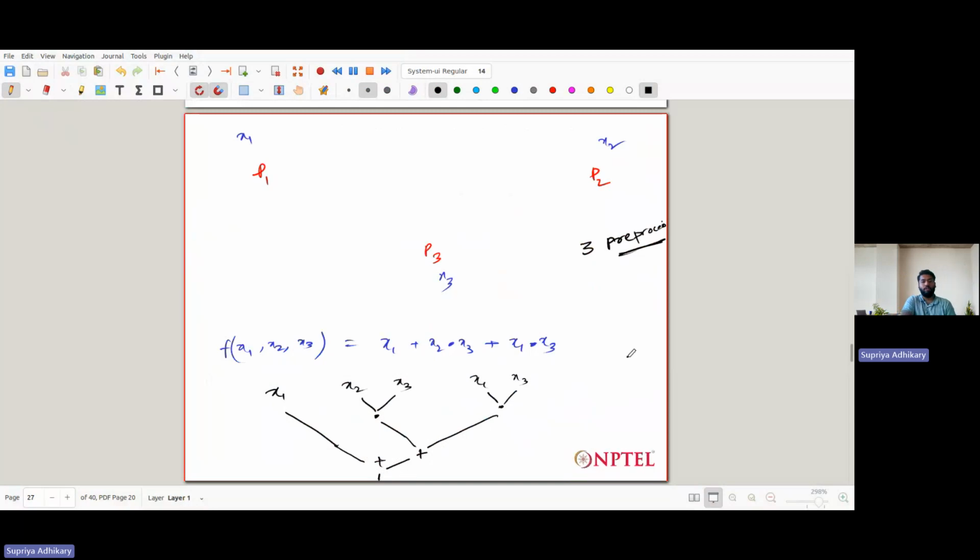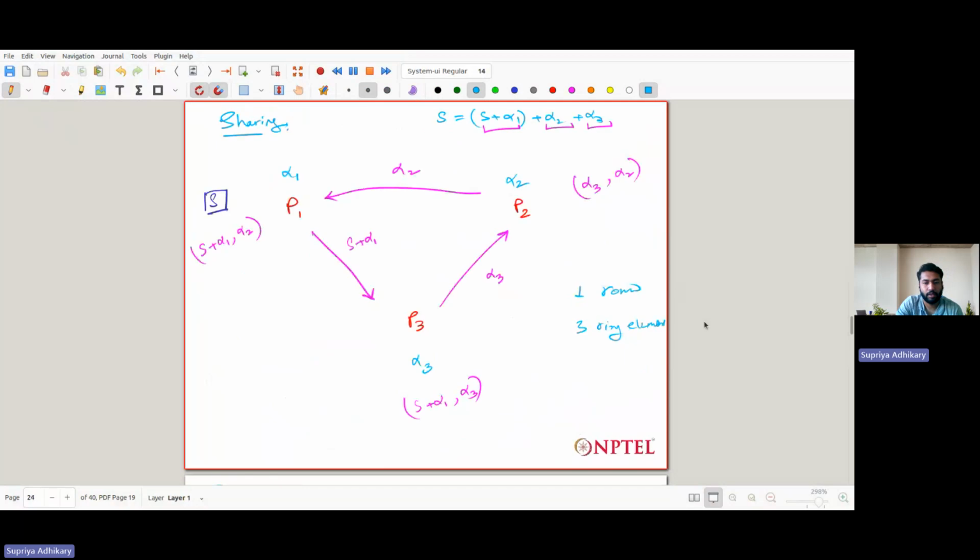So this is the circuit that we want to evaluate, and we have 2 multiplication circuits. So for these 2 multiplication circuits, we need 2 pre-processing data. So in total 5 pre-processings are required before we start sharing the values and start evaluating.